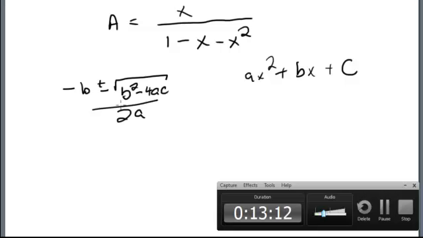Negative b is negative 1, so we get 1 plus or minus the square root of b squared, which is 1, minus 4ac. A is negative 1 and c is 1.